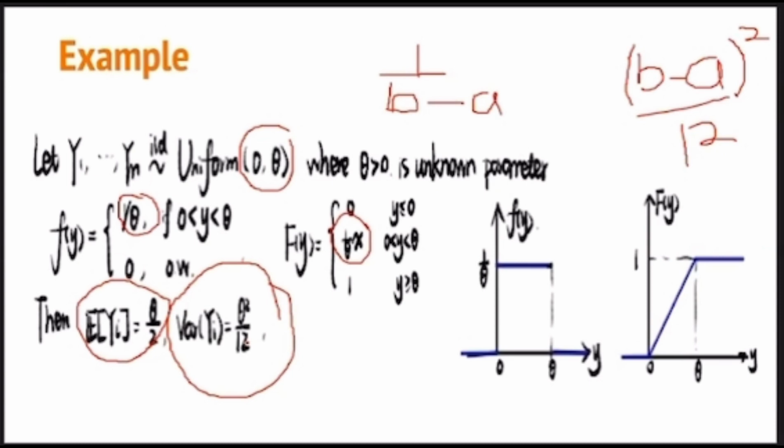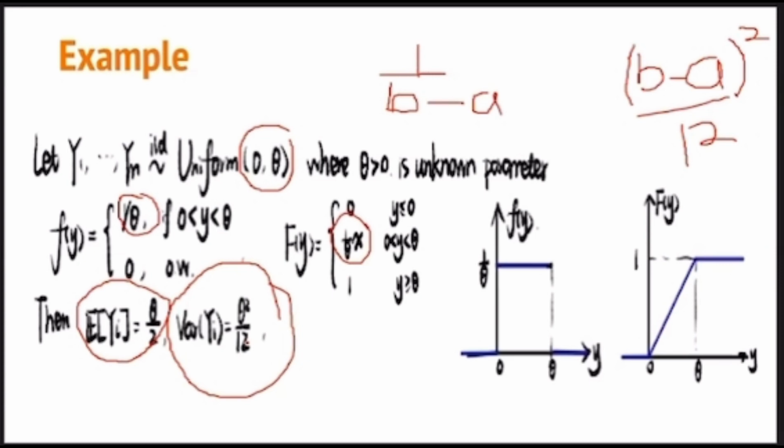If my random variable follows a uniform distribution with parameters 0 and theta, the expected value of y, if I want to find the mean, is theta over 2. If I want to find the variance, it's theta squared over 12, which means getting the mean, the expected value of y, and getting the variance of y depends on theta.